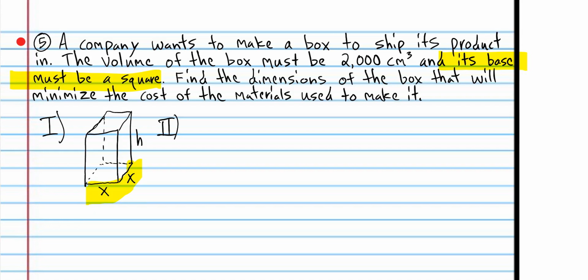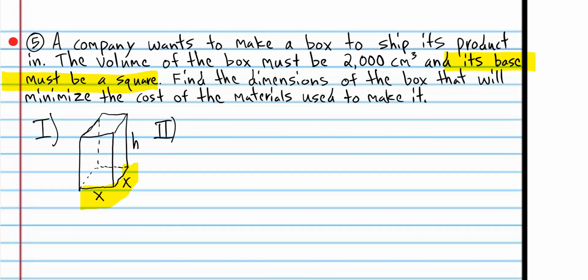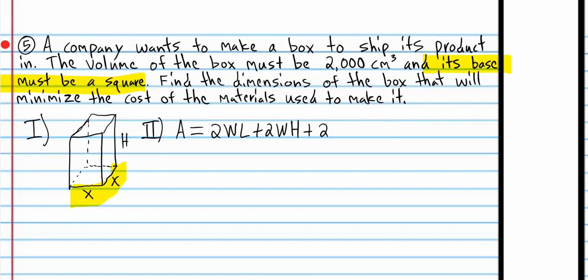Okay, so it looks like we only have variables in our picture. Now we're trying to minimize the surface area, so that's the function that we're going to write. If you recall, the surface area of a box, which we also refer to as a rectangular prism, with capital H, is given with this formula.